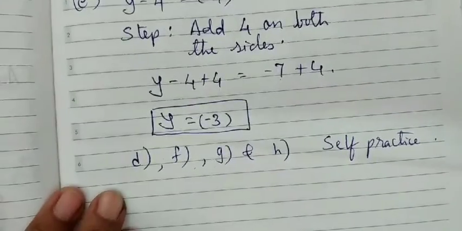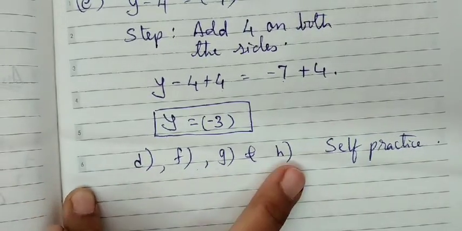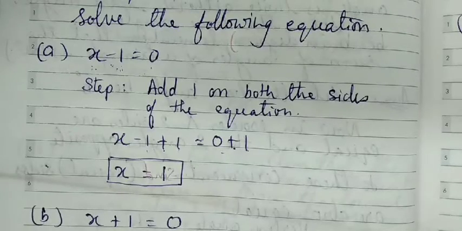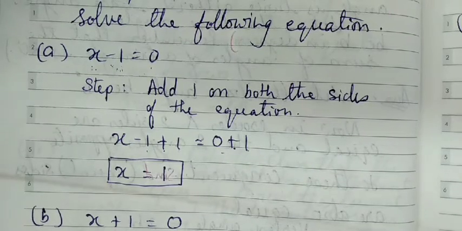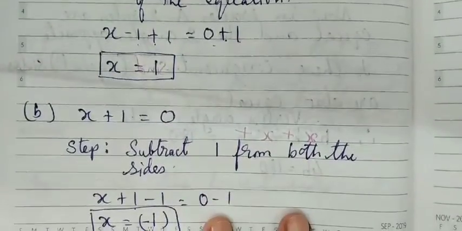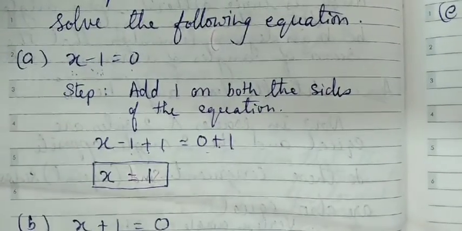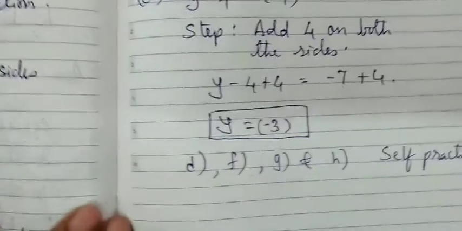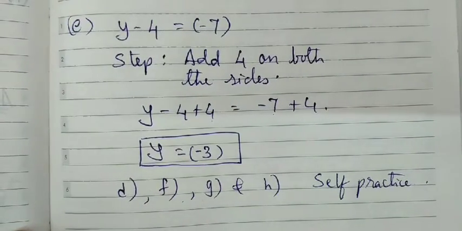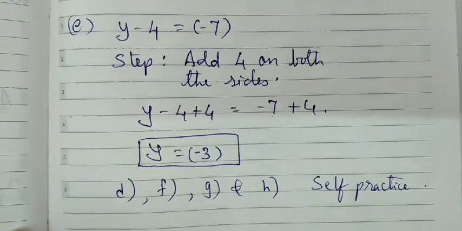You have to do self practice with D, F, G, H, and you have to follow the first method which I have taught you: applying the same mathematical operation with the same number on both sides of the equation. Here you have to mention the step first, then perform the operation, and you will get the solution of the equation.